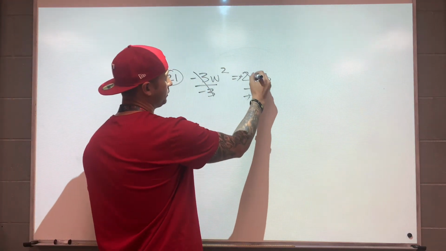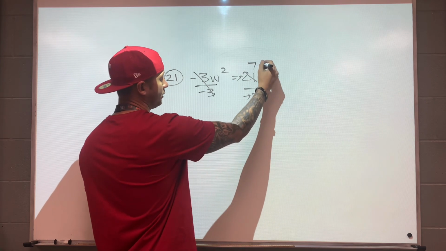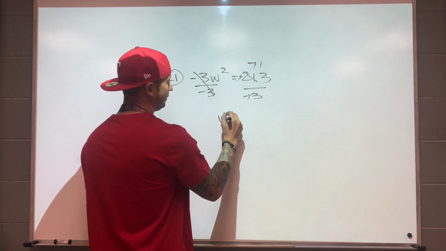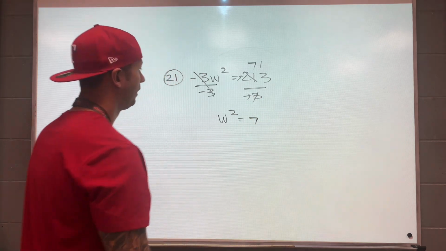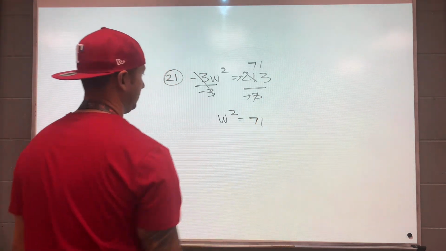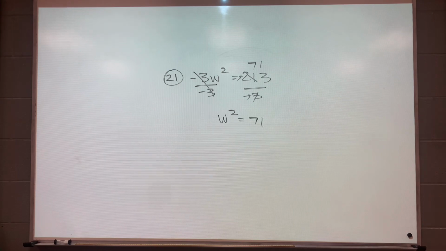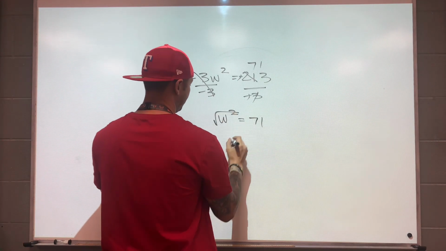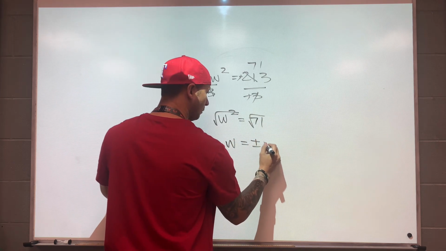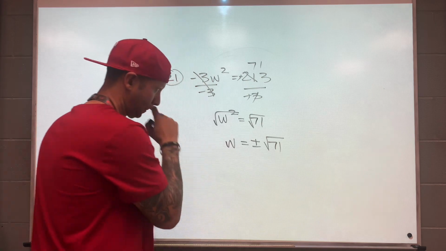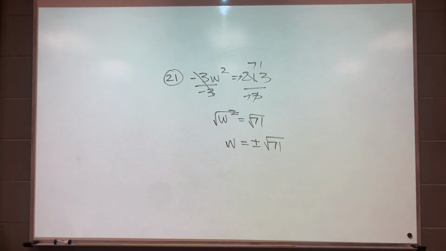So 3 goes into 21, 7. 3 goes into 3 once. 71. Square root of both sides, plus or minus the square root of 71. 71 feels like a prime number. Pretty sure it is. We can leave it at that.